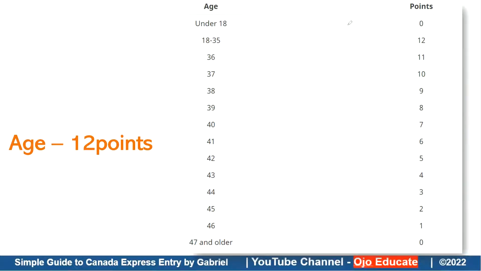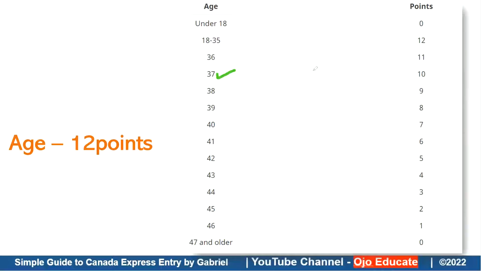Anyone that is below 18 cannot apply. If you are 18 to 35 years, you have 12 points. Only those between 18 and 35 years can claim the whole 12 points allocated for this. If you are 36, you are going to have 11 points.